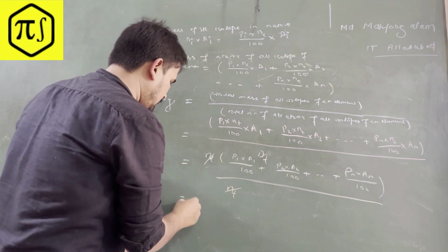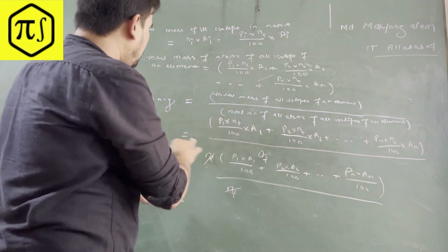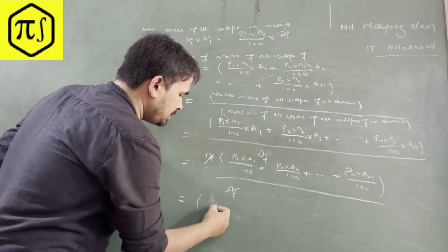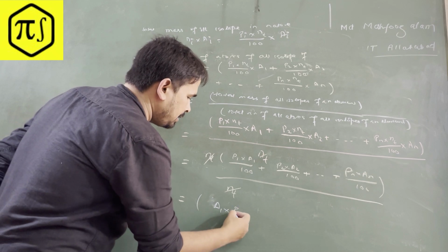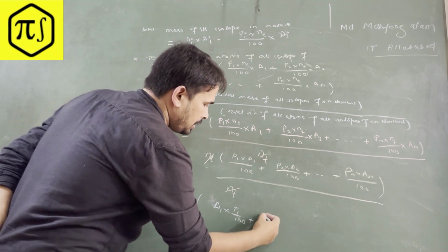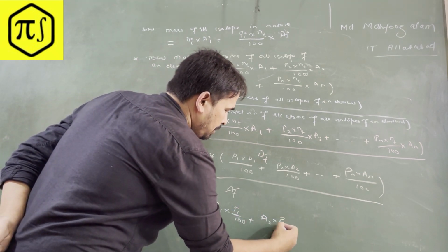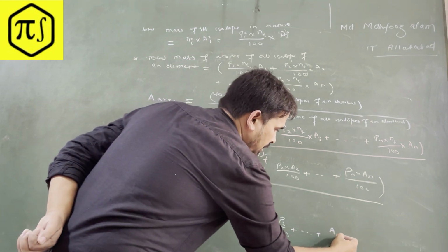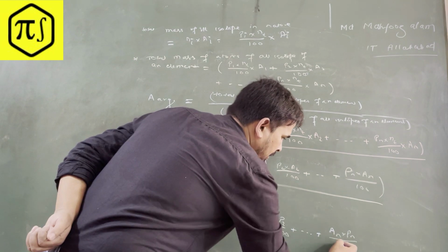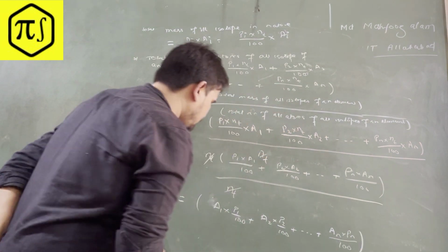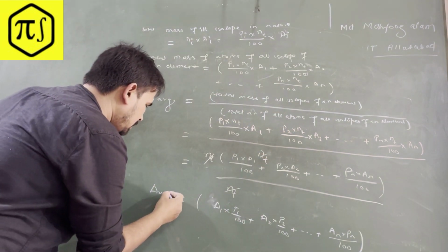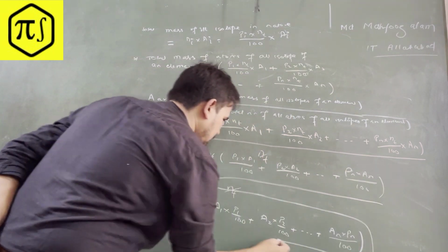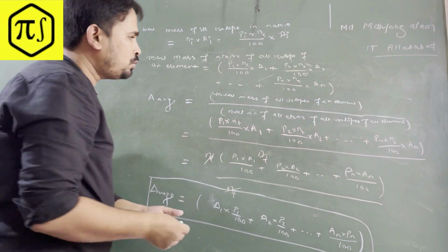Right, so here we are able to derive it. Rearranging: A1 into P1 by 100 plus A2 into P2 by 100 plus so on, An into Pn divided by 100.